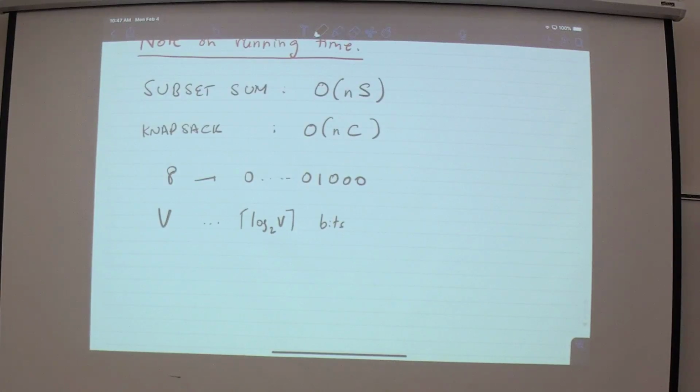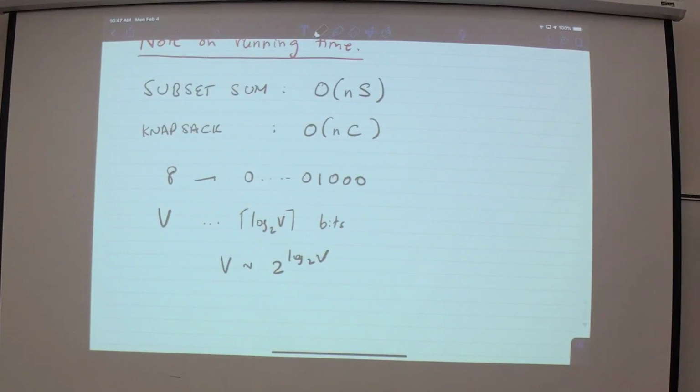That's the number of bits you would need to write down this value. So if I give you an input value v, the length of that input is actually log v. Something you should keep in mind is that v is roughly 2 to the log v. So the actual value is exponential in the size of the input representation.